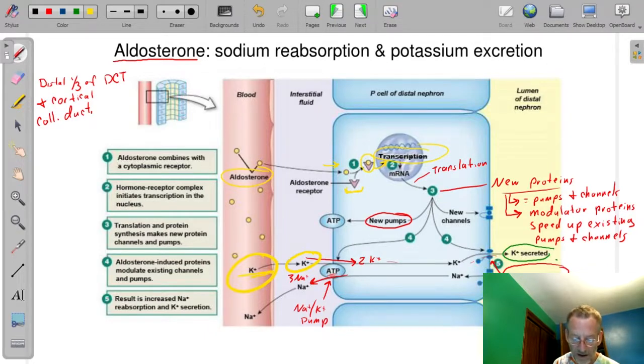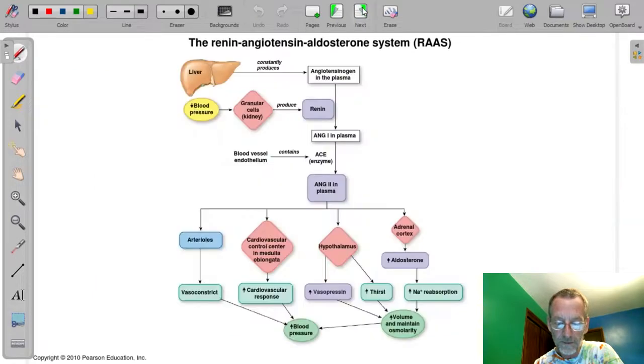So here is the hyperkalemia, and we're getting rid of the excess potassium and we're pushing it into the urine through the action of aldosterone on these cells in the nephron. Okay. The last slide, so there's a good slide on aldosterone, how it works, sort of its cellular mechanism.